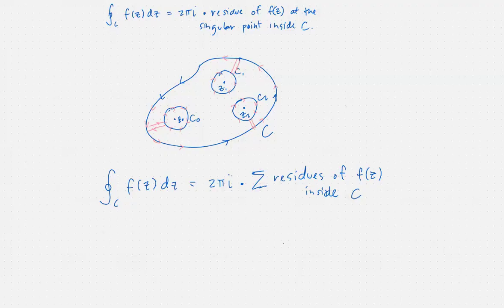However, in many cases, it would be extremely difficult to determine the b1 or our residue, especially if we have a very complicated Laurent series, right? So there must be a way of determining those residues without expanding the Laurent series. But we can also do Laurent series, right?